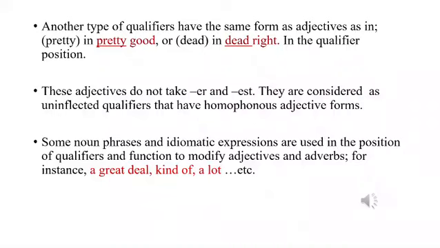They are considered uninflected qualifiers that have homophonous adjective forms. Also, there are some noun phrases and idiomatic expressions that are used in the position of qualifiers and function as modifiers of adjectives and adverbs. For example, a great deal, kind of, a lot, etc.